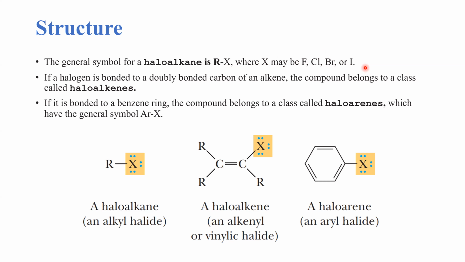There is another halogen element too, but in organic chemistry we are basically dealing with fluorine, chlorine, bromine, or iodine. And mostly we concentrate on chlorine, bromine, and iodine because of their reaction dynamics.